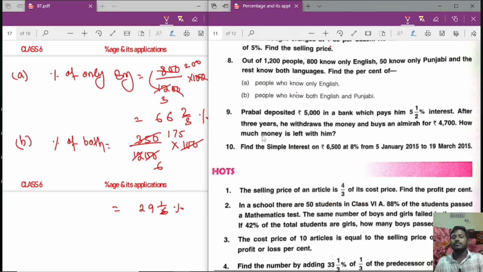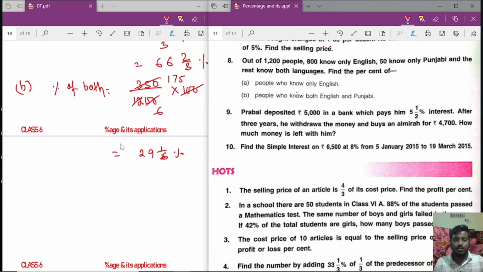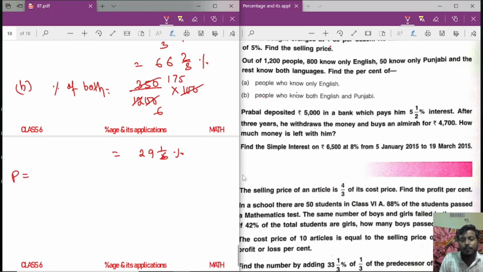Now next question, Prabal's deposit. P equals 5000. Rate of interest equals 5 whole 1 by 2 percentage. After 3 years, so time equals 3 years. Withdraw now means we find the SI.